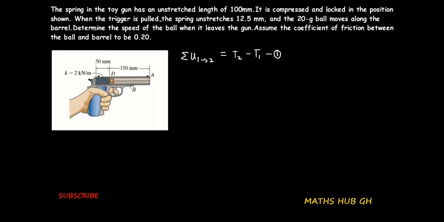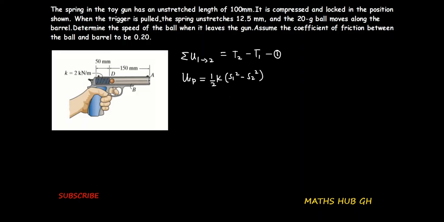Let me name it U_sp. That's the work done by the spring. This should be equal to 1/2 multiplied by k into bracket s1 squared minus s2 squared.